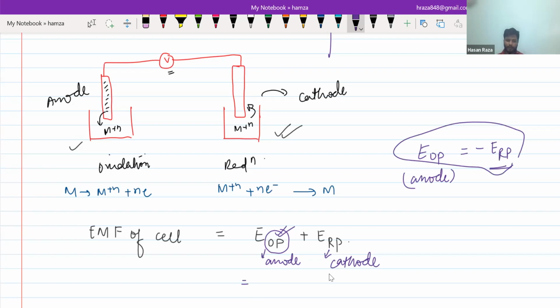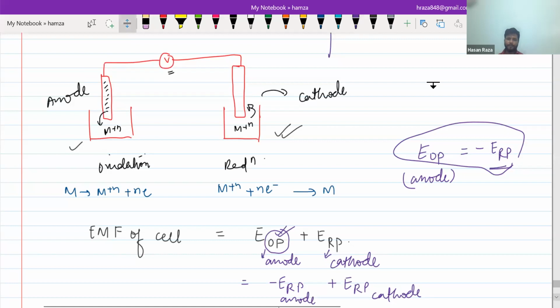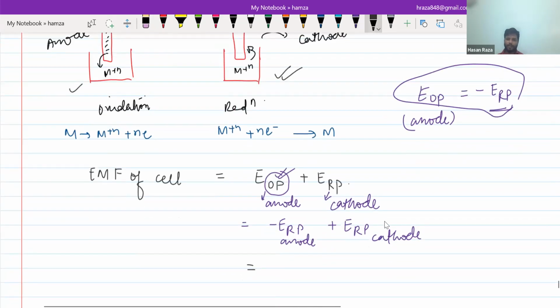So I'm going to write this as negative reduction potential, plus the reduction potential for the cathode, and this is for the anode. This is positive, so I am going to take it as ERP minus ERP. Basically this is for the cathode and this is for the anode.